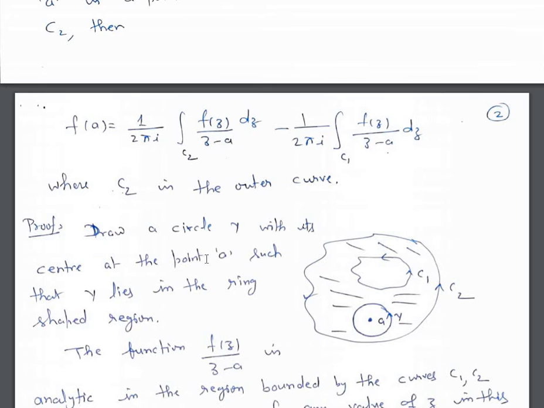Now proof. What we do is we draw a circle gamma with the center at the point A. We take a circle gamma whose center is at the point A, and such that gamma lies in the ring shaped region, means it lies between C1 and C2.